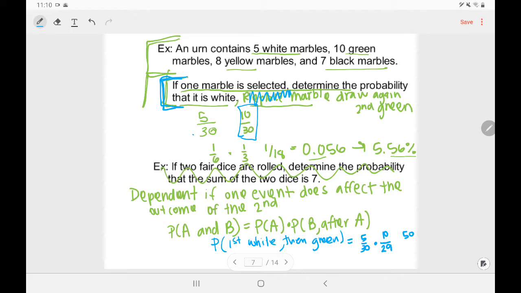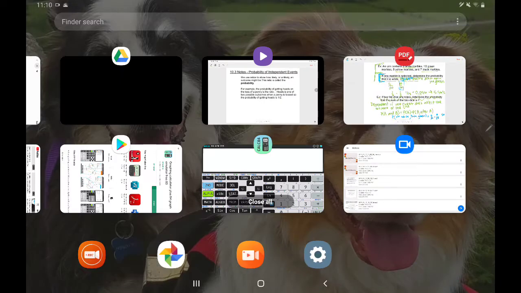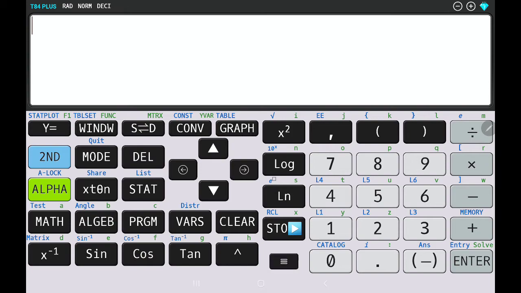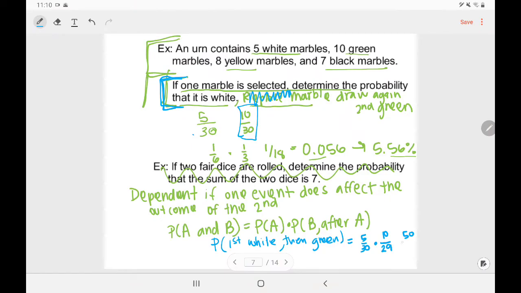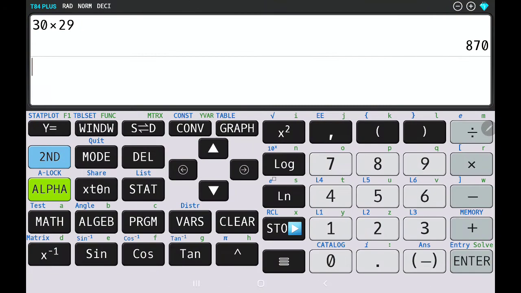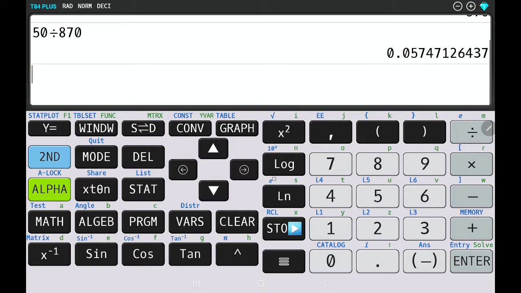I'm testing my mathematical skills. Let's use a calculator. 30 times 29, 870. 50 out of 870, let's calculate that. 50 out of 870 equals 0.057.